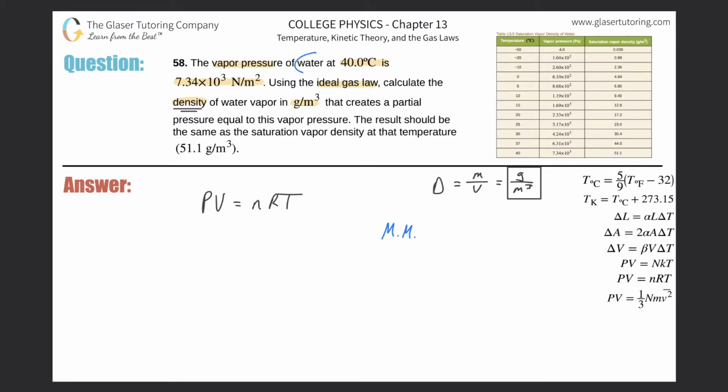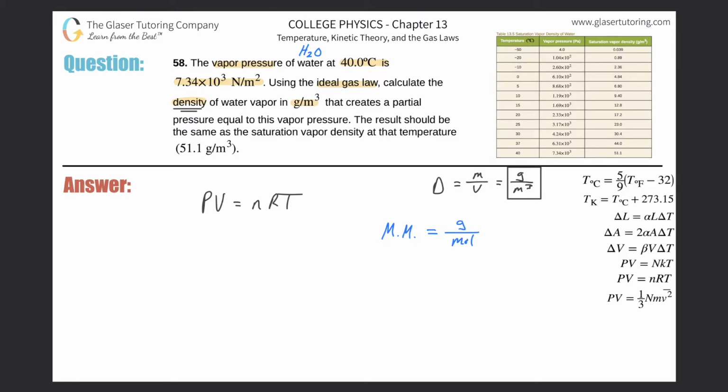In this case, we're talking about water, all right? So water, remember, has the chemical formula H2O. That'll be handy in a second. So the general formula is that the molar mass of a particular molecule will be equal to the grams of that molecule divided by the moles of that molecule.